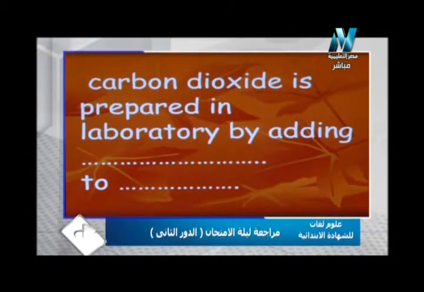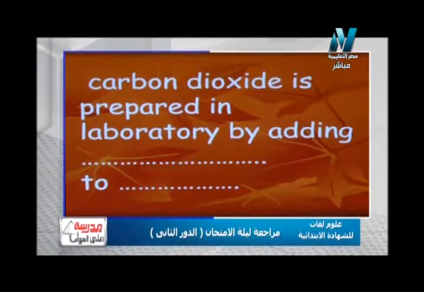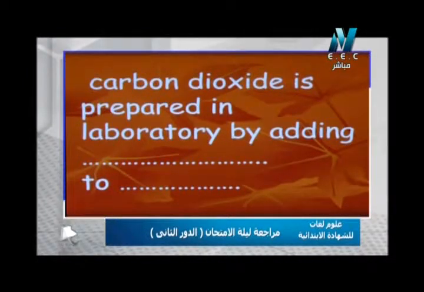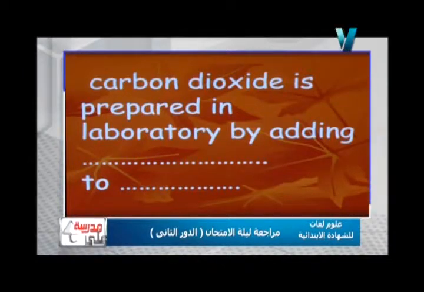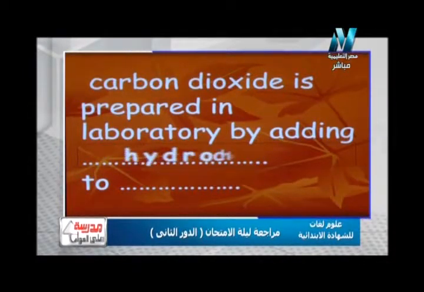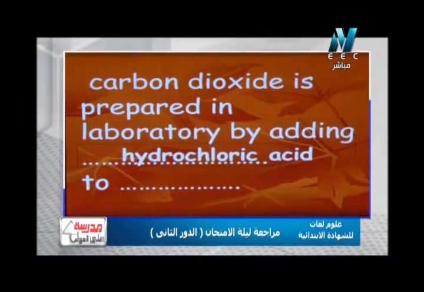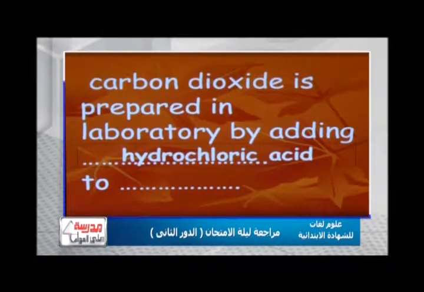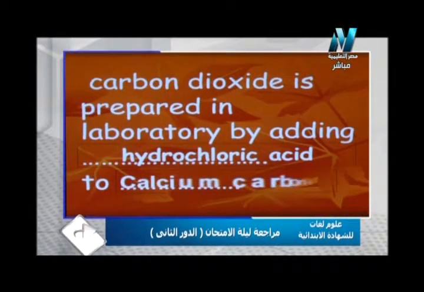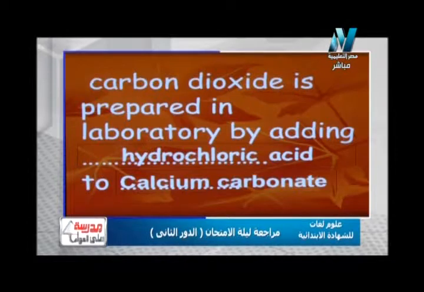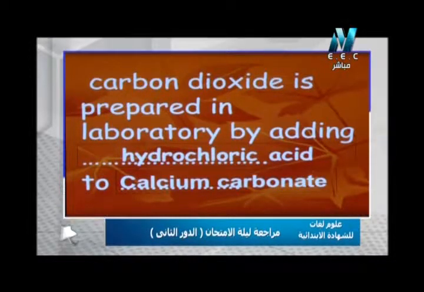Another question. Carbon dioxide gas is prepared in the laboratory by adding what to what. How do I prepare carbon dioxide? I prepare it by adding two very important substances, which are hydrochloric acid or any acid available at your home, and also calcium carbonate or any carbonate available at your home, such as sodium carbonate, potassium carbonate, any carbonate.